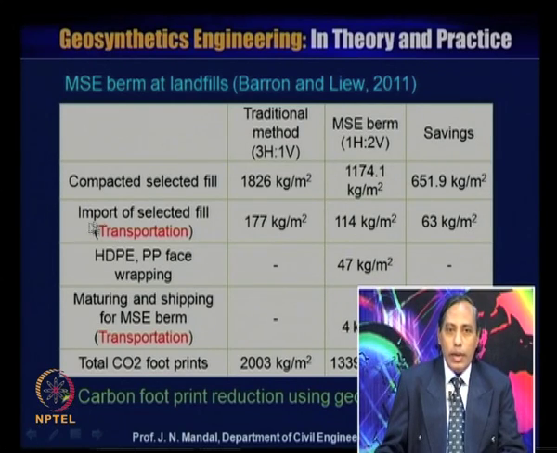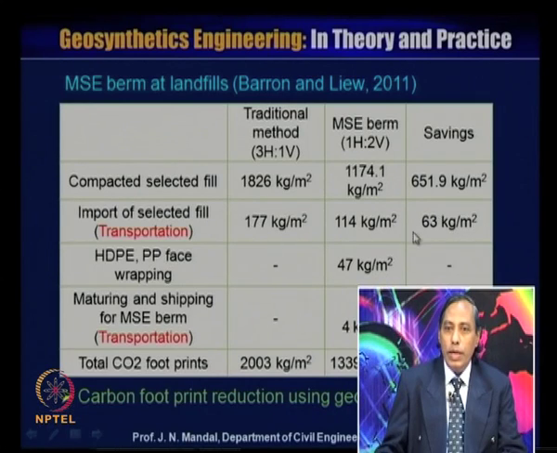Now, look at the transportation. That means you require import of the selected fill. All the time you cannot have the material on the spot. So you require import of the selected fill, which requires transportation, and for the traditional material you require 177 kg per meter square, whereas in case of MSE berm with 1 horizontal to 2 vertical you require 114 kg per meter square.